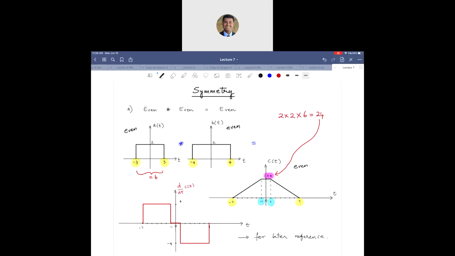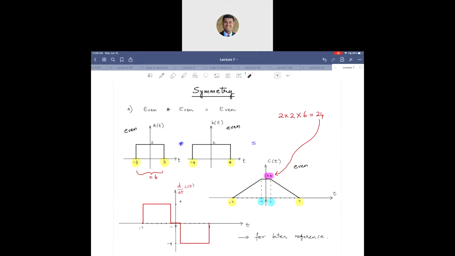Now, if this is the property, even convolved with even is even, for later reference, I'm also going to sketch the derivative of C of t. So this trapezoid, I'm defining the derivative of this trapezoid with respect to time, and I'm sketching that over here. Linearly increases from -7 to -1.